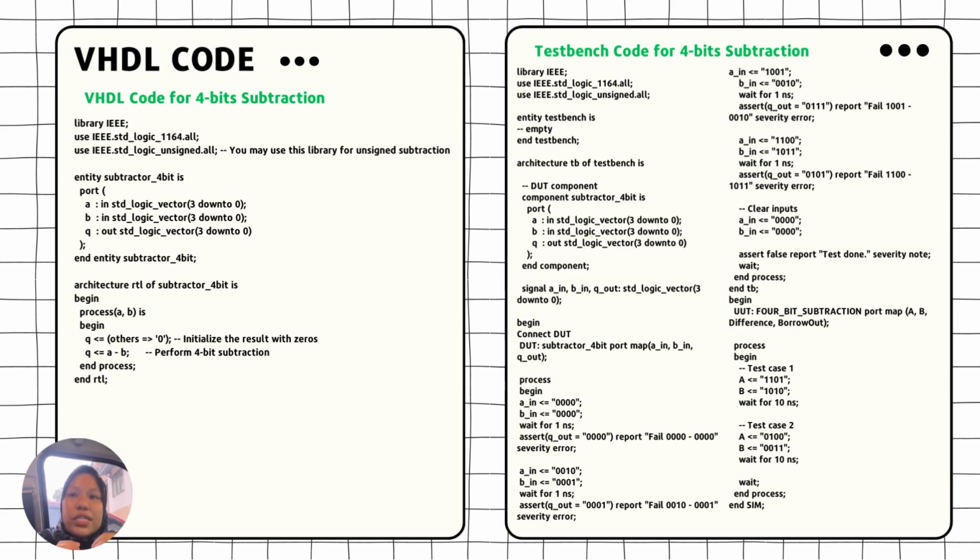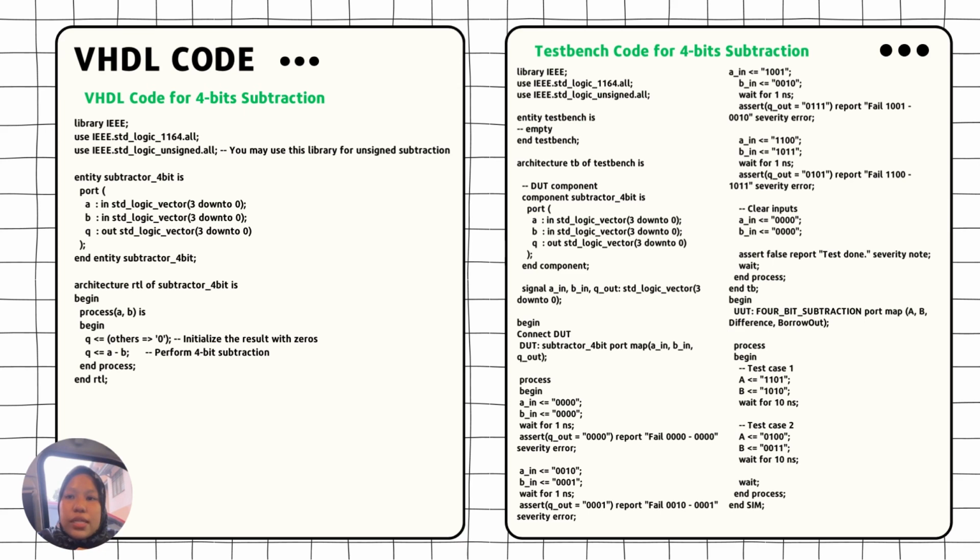It specifies the input ports A and B and the output port Q. For the signal declaration, signals A_in, B_in, and Q_out are declared to be used for the test input and output. For the component instantiation, the subtractor component is instantiated as DUT, device under test, connecting its ports to the declared signals.